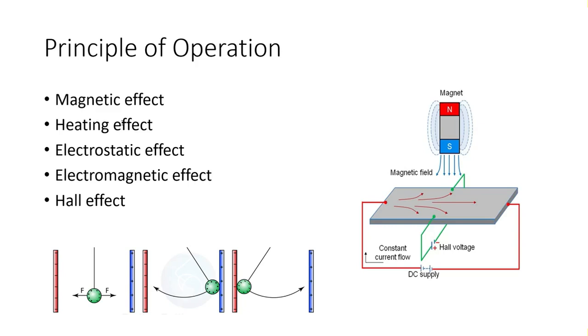The principle of operation of many analog instruments has remained the magnetic principle, or the heating effect principle, the electrostatic, electromagnetic, and Hall effect. You people are familiar with these effects. The magnetic effect is that in the vicinity of a magnet, let's say this is north, and we place another north, this north will repel this north. So this is the magnetic effect.